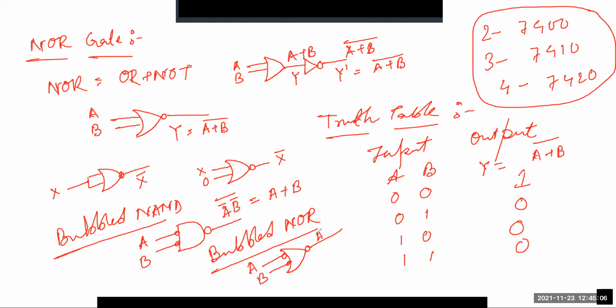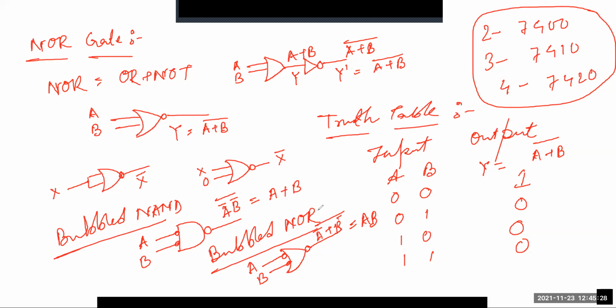Here we have A bar plus B bar, whole bar, so we are getting AB. You just remember these two terms: bubble NAND gate is equivalent to OR gate and bubble NOR gate is equivalent to AND gate.